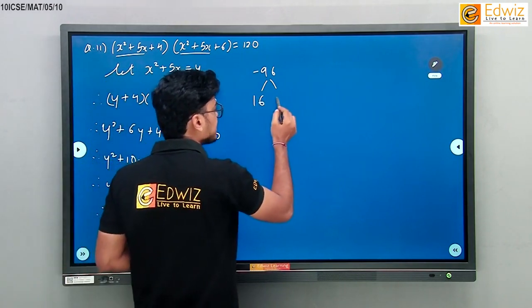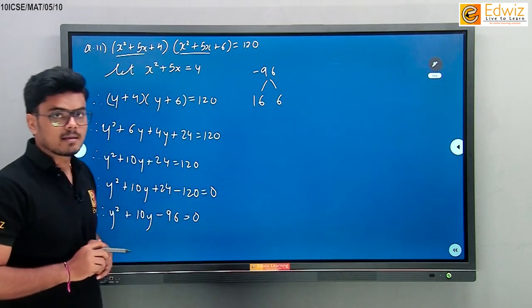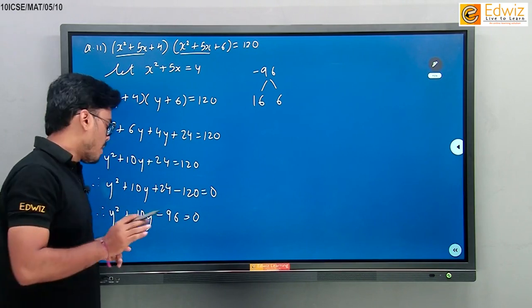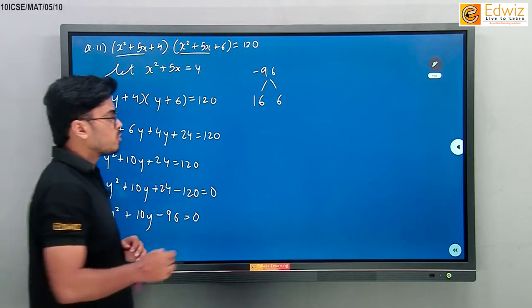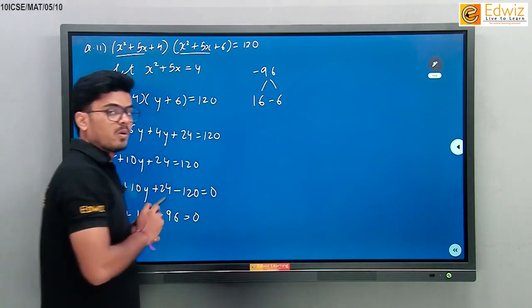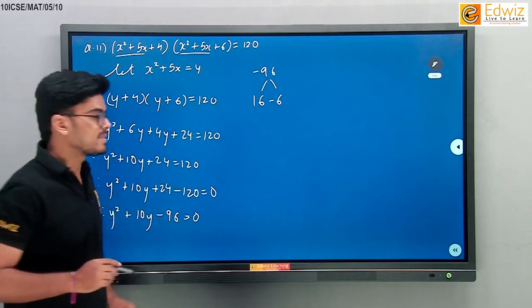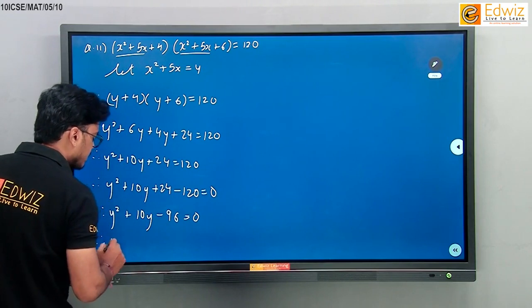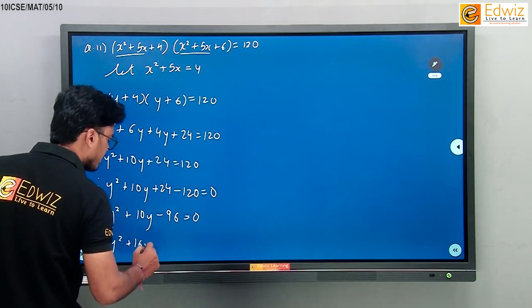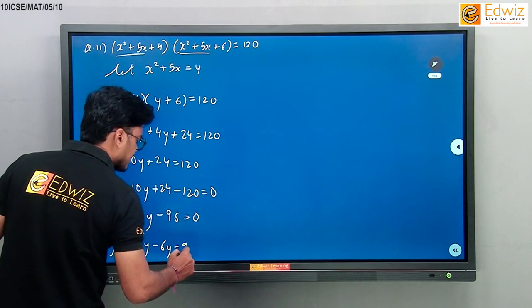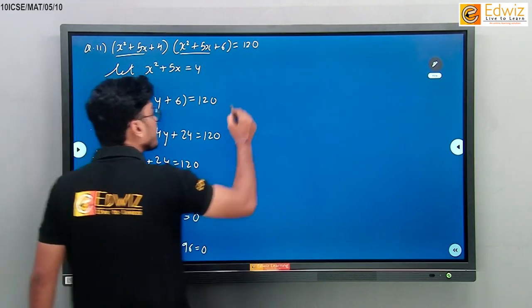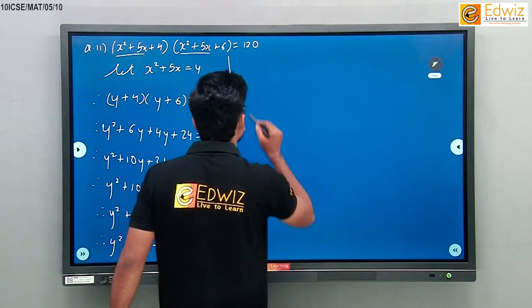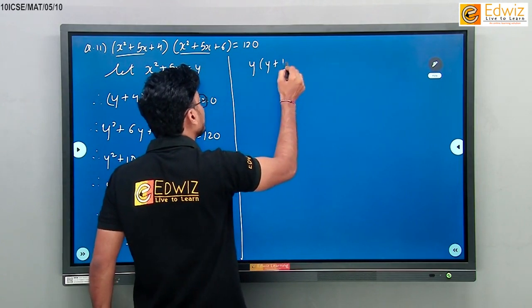So we know that 16 sixes are 96, and the difference is also 10, but we need positive 10, so the smaller number will be negative. So 16y and minus 6y, these are the possible pair of factors. Let us split the middle term. y square plus 16y minus 6y minus 96 equal to 0. So in the first two terms y can be taken common, y plus 16.